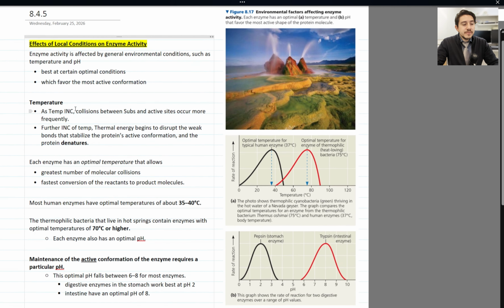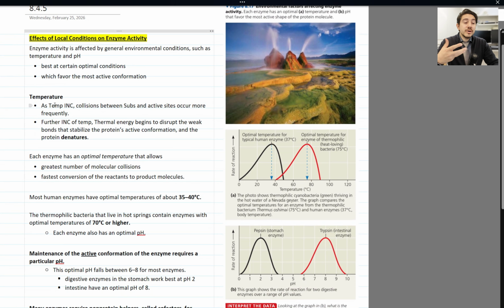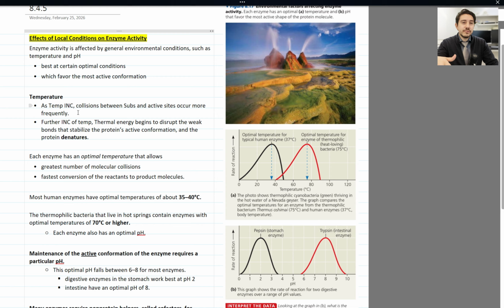Talking about temperature, of course, as temperature increases, there are more collisions between substrates and active sites, so the reaction will just go faster, because there are more interactions. With a further increase in temperature, though, thermal energy begins to disrupt the weak bonds that stabilize the protein itself.